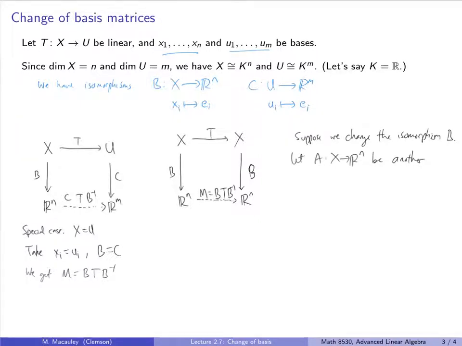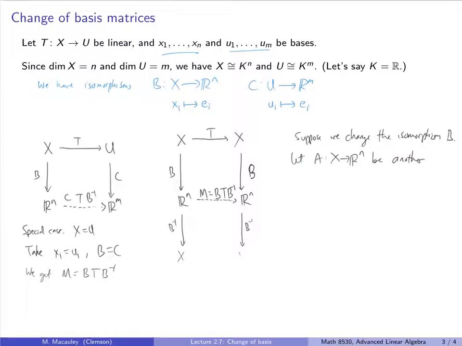Let me show you how I will add this to the diagram. So let's start off from here at Rn, and let's go back to X. So I'm going to write B inverse here. I mean, we could go up here, but I think it's going to be more apparent if I do this. It'll be less cluttered as well.